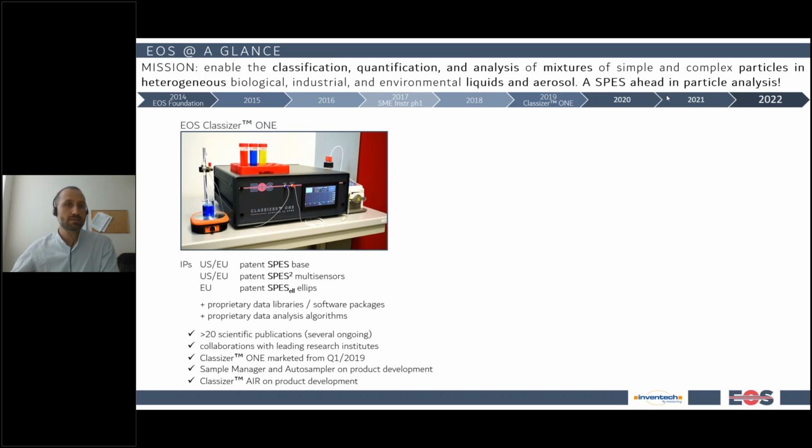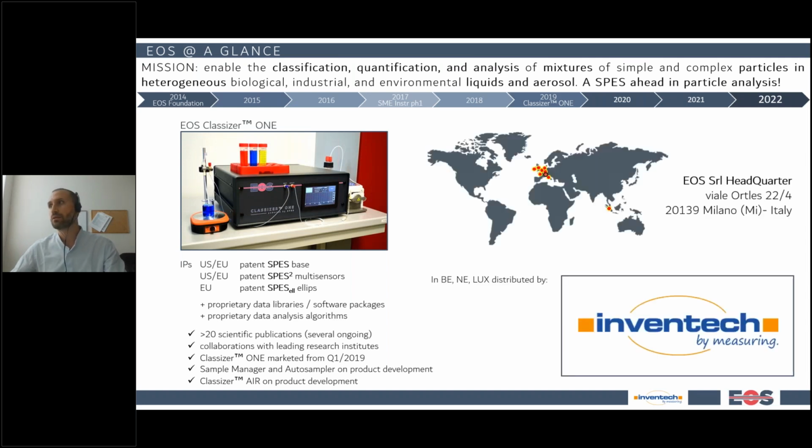We have patents, different applications, and different validations, and we started the commercialization of the device in 2019. Today, we are represented in Europe by several companies, and in the Benelux area, Inventec is our local partner for distribution and technical support.